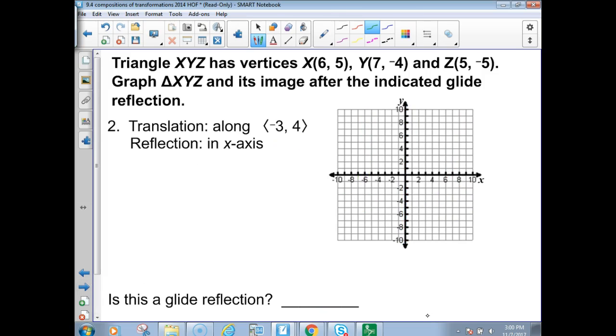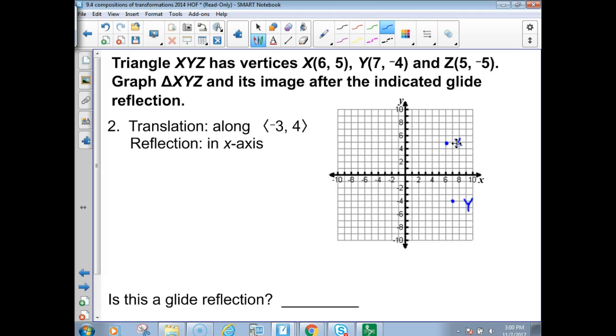I'm not going to really test you on knowing when you look at a picture if it's a glide reflection or not, but I would expect you to be able to do one, where I ask you to translate and then reflect. Okay, we're going to be drawing the same figure again as the last one. These are all the same points, 6, 5, 7, negative 4.